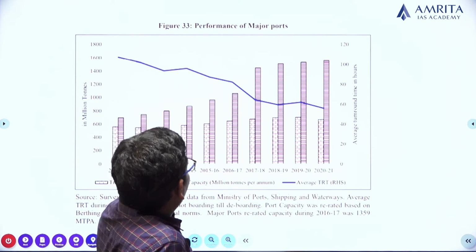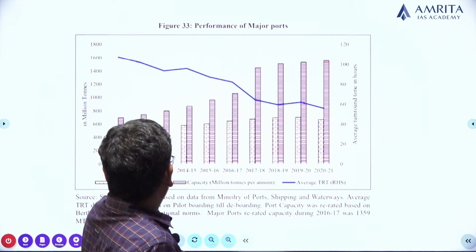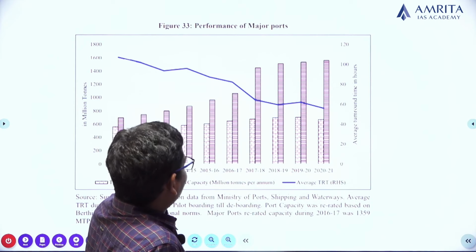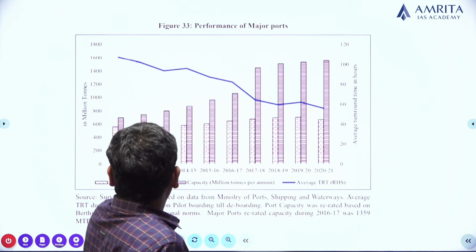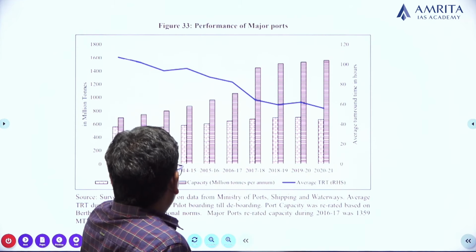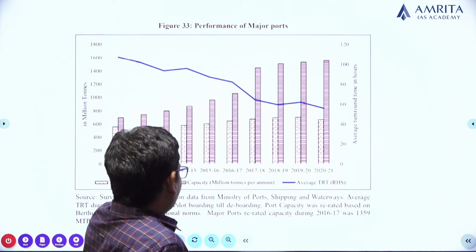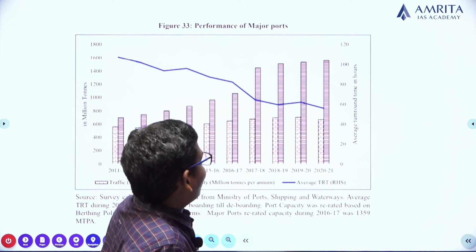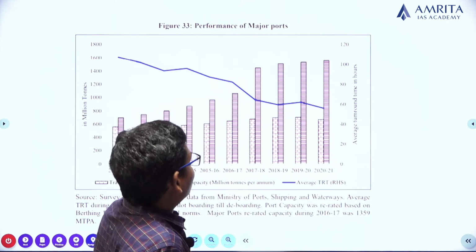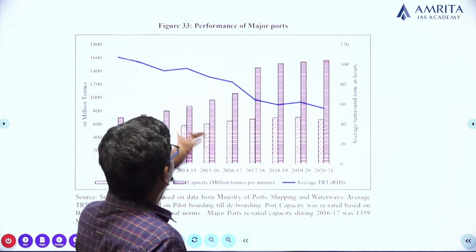Performance of major ports. So traffic and capacity: traffic in million tons, capacity in million tons per annum, that you can see. Average turnaround time in hours got decreased.